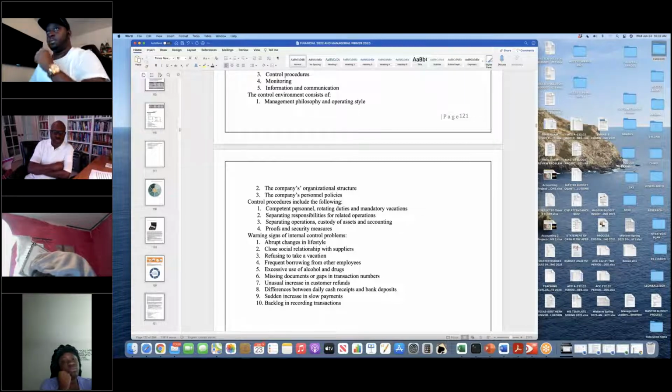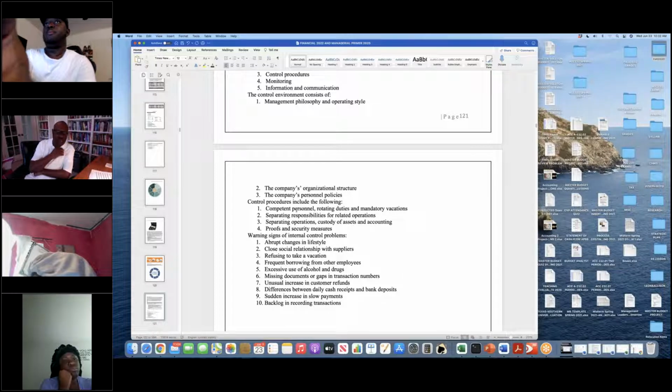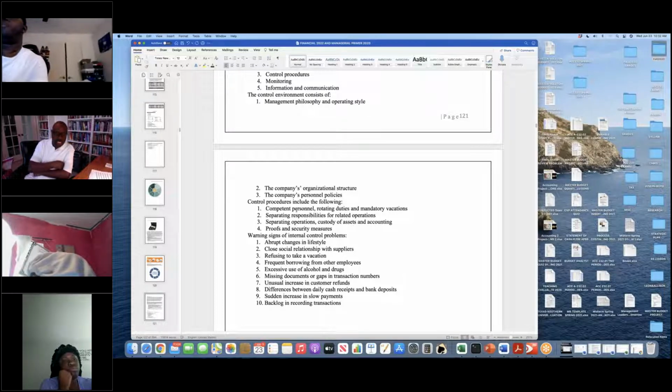But you want to rotate. You want to separate responsibility. You don't want a person collecting cash and putting that cash in the bank. So somebody collects the cash and somebody else puts it in the bank. You're always separating the custody of the assets and accounting. Especially with inventory, you have records of how much is purchased and went into the warehouse, and you have a separate set of records going to the accounting department.